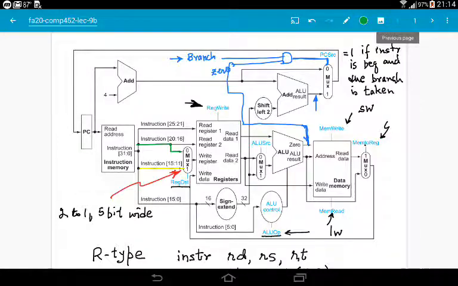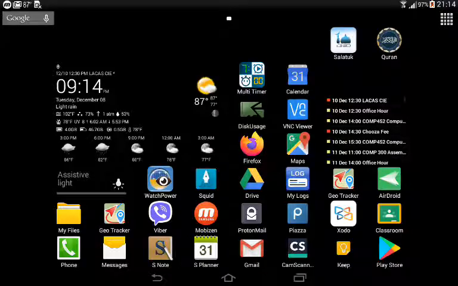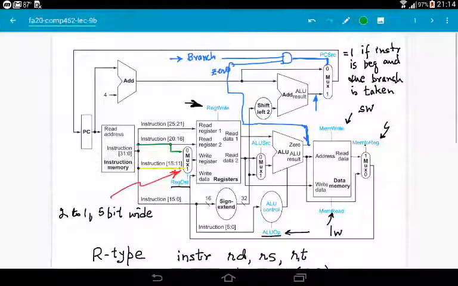What will be the value of RegDst? It's an R-type instruction, so the destination register number will come from bits 11 to 15, which is the yellow line. So it means RegDst should be 1.